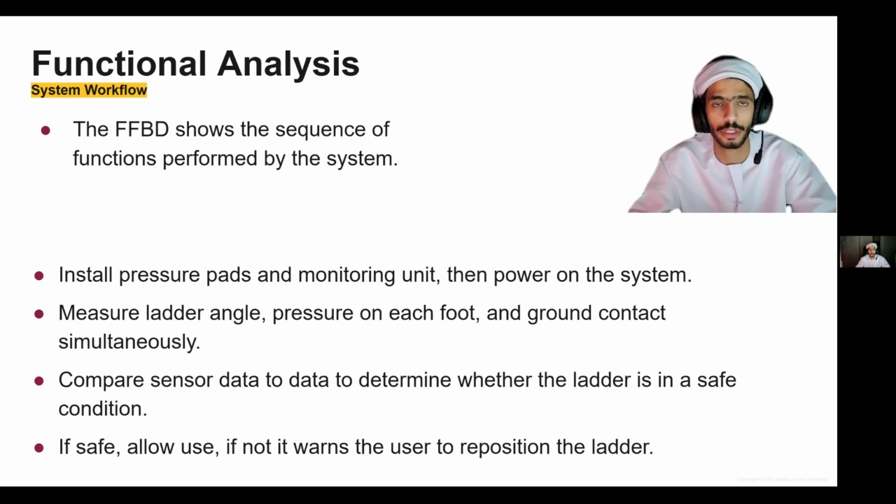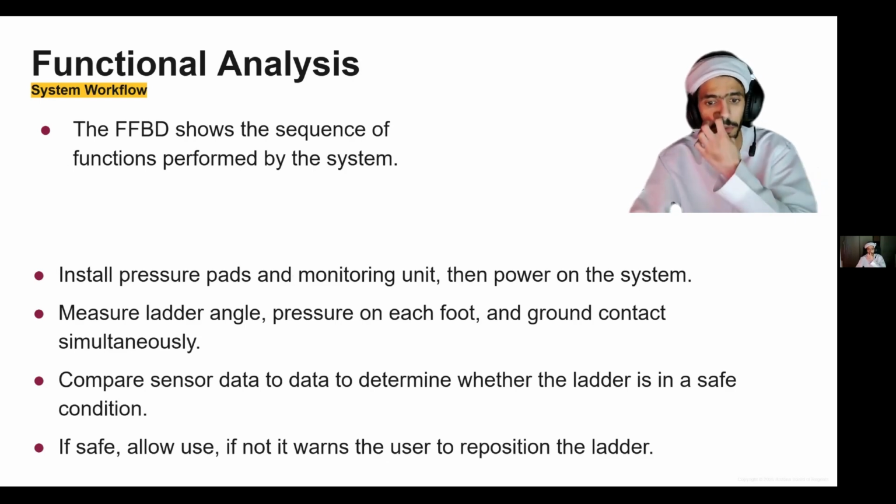First, it measures the pressure on each ladder foot to make sure that the weight is evenly distributed. Second, it measures the ladder's angle to verify that it's within the safe operating range. Third, it checks that all 4 feet are making proper contact with the ground.